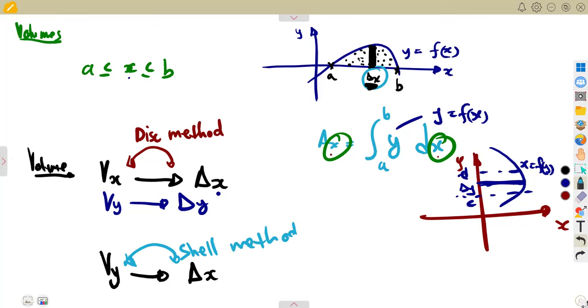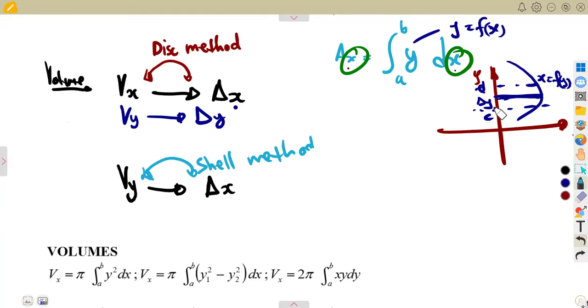The volume with the axis of rotation that you're given does not correspond with the limits that you're given. You have the limits for x, you are calculating the volume for y. How is that possible? That is the shell method.